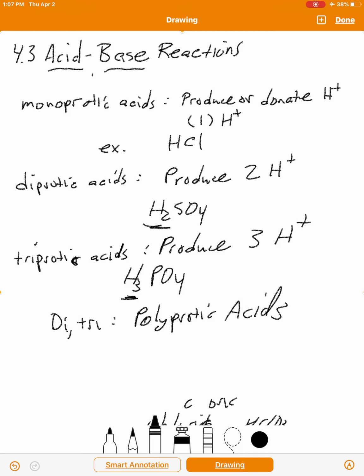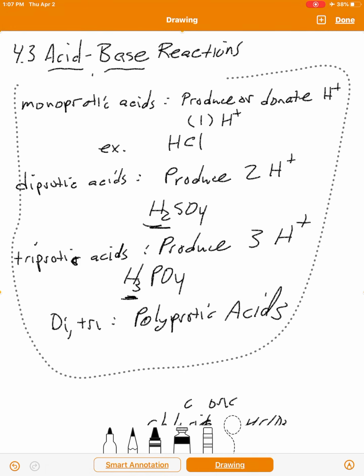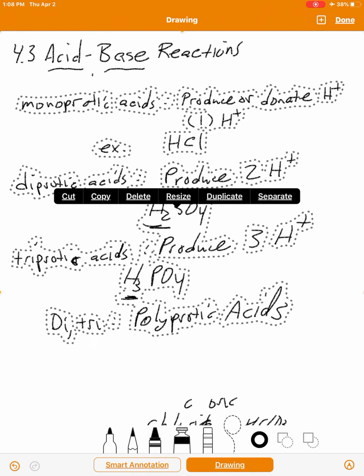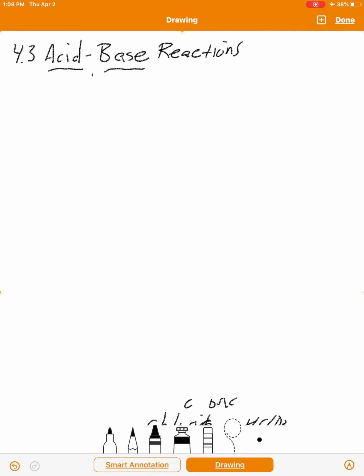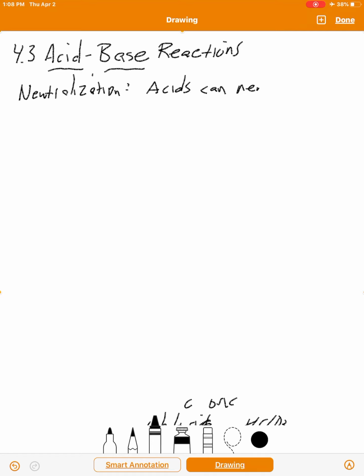Now, what I'd like to do is to talk a little bit about what are called neutralization reactions. The terminology we use is to say that acids can neutralize bases, and bases can neutralize acids.